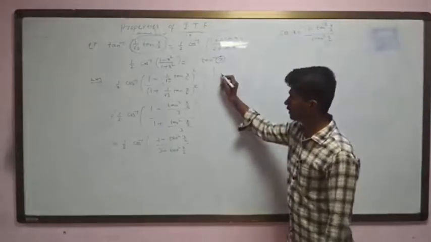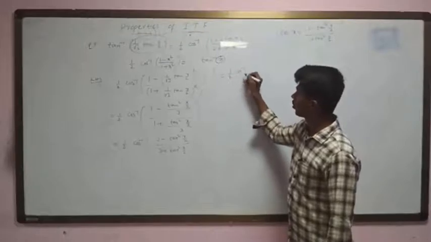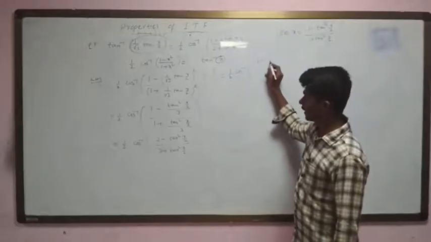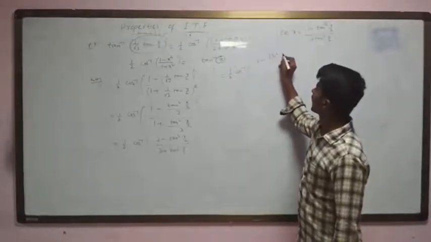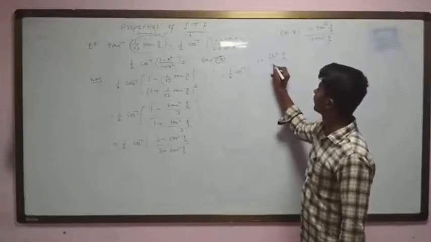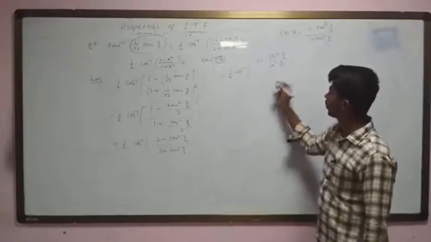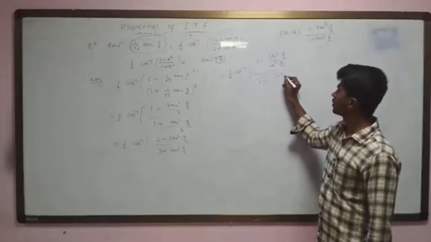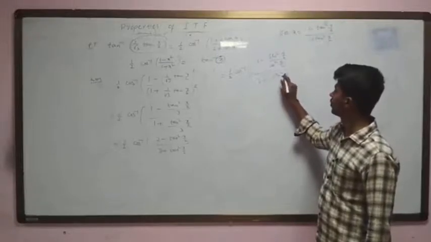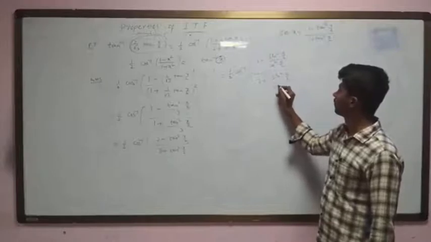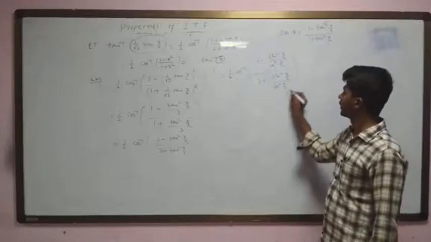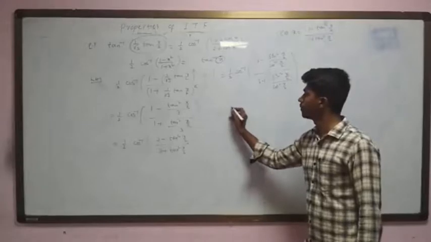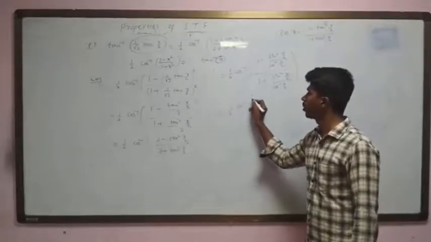So I write it as 1 by 2 cos inverse of 3 minus sine square x by 2 by cos square x by 2, whole divided by 3 plus sine square x by 2 by cos square x by 2. Now again, 1 by 2 cos inverse.